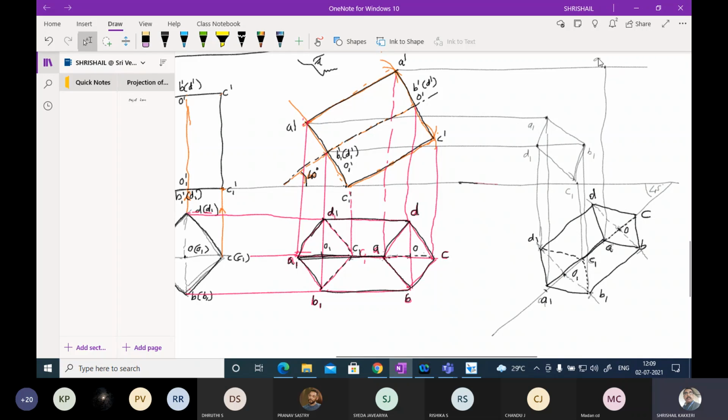This is point A, and B on this, and B is here. So this is point B, and C, this is point C, and this point C is here.